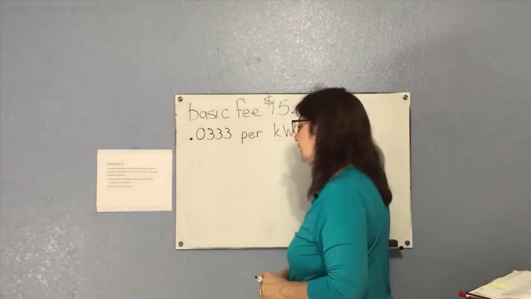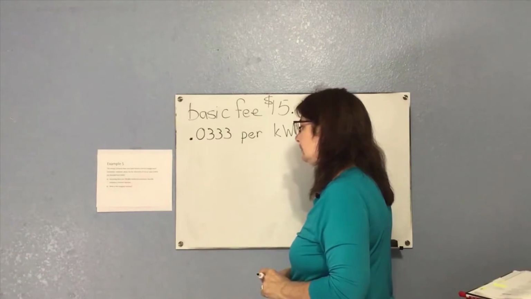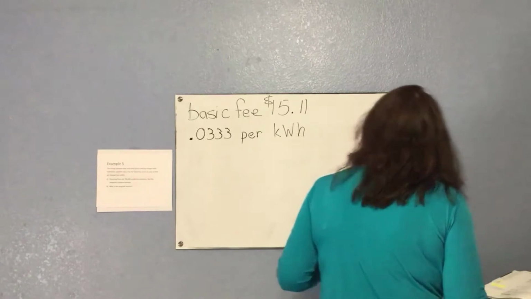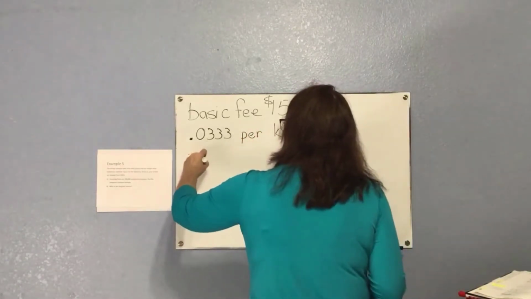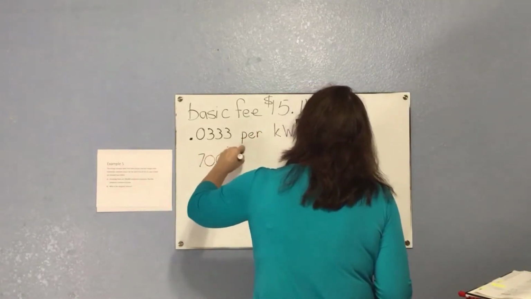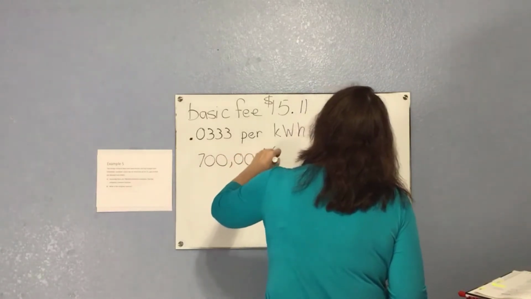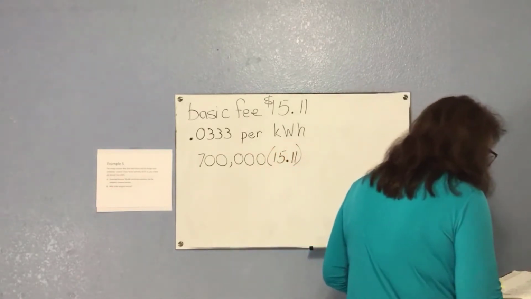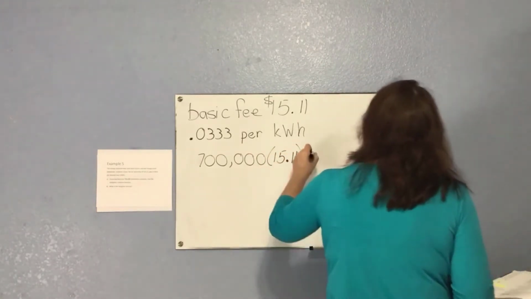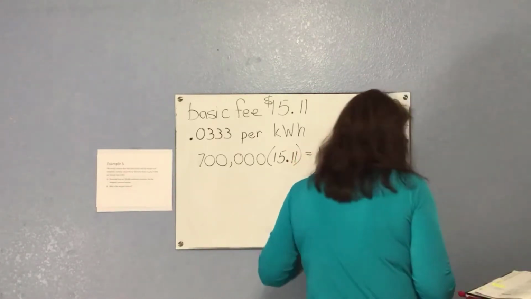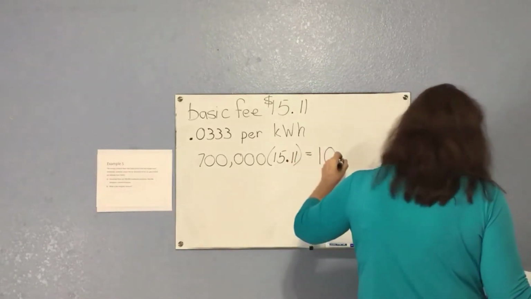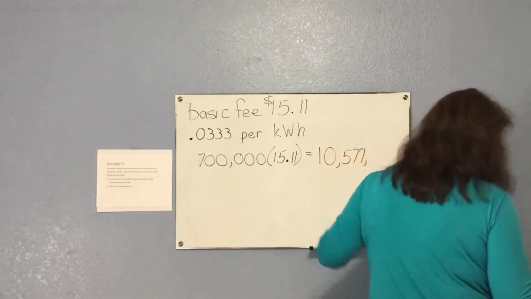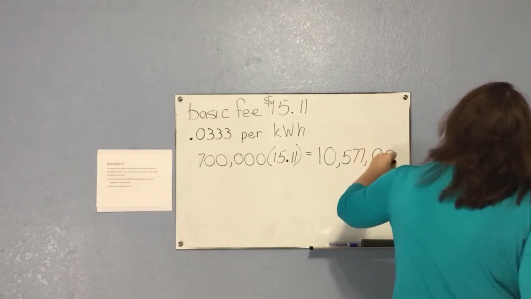Okay, assuming that there are 700,000 residential customers, find the company's revenue function. So the revenue from the basic fee is going to be 700,000 times $15.11, which gives us $10,577,000.